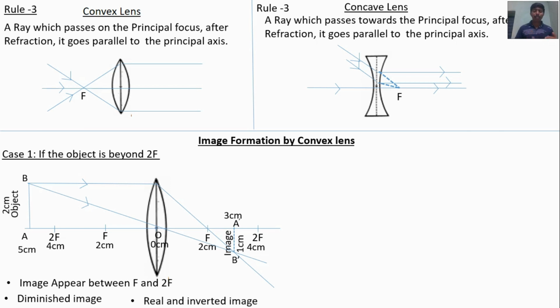What is a real and virtual image? If the object and the image appear on the same side, that image is a virtual image. If the object and the image appear on opposite sides of the lens, that image is a real image. Here the object is on the left side and the image is on the right side, so that image is a real image.